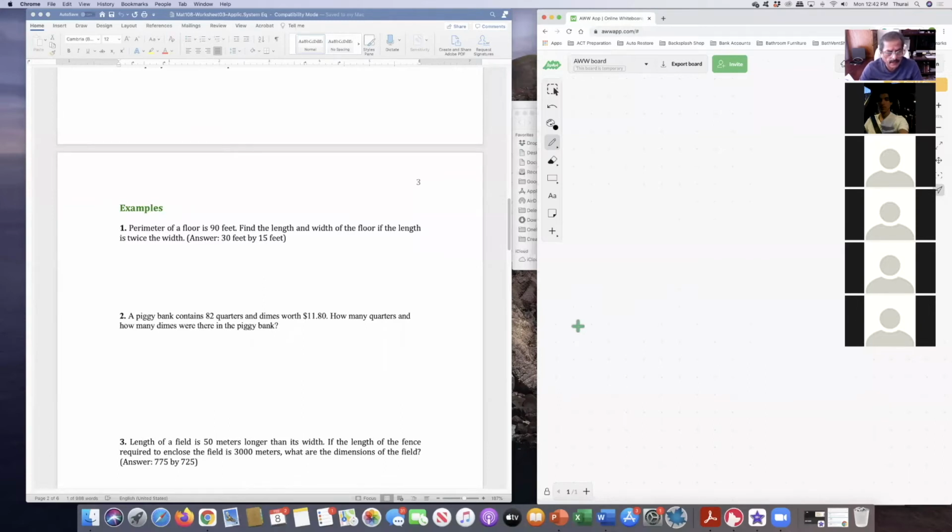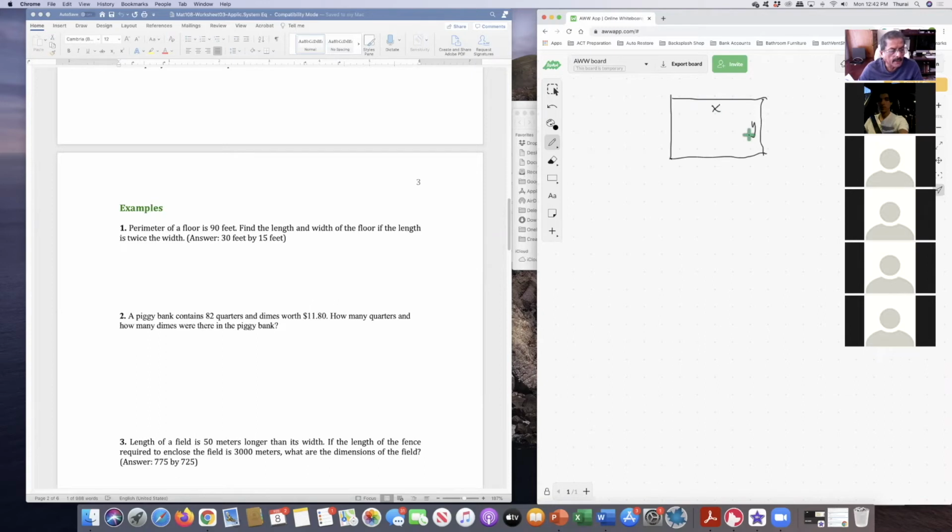Here the question is basically what are the length and width. The perimeter is given, that's going to be one equation, and the other information is that the length is twice the width. But I'm going to individually call them x and y. Length will be x and width is y.